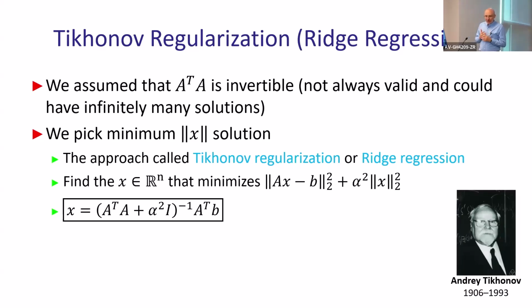What does it do to the matrix and the eigenvalues of the matrix? It shifts them. When you add some constant to the main diagonal of any matrix, it shifts eigenvalues by the same value, right? So practically it is shifting eigenvalues of A transpose A, and you don't want eigenvalues of that matrix to be zero.